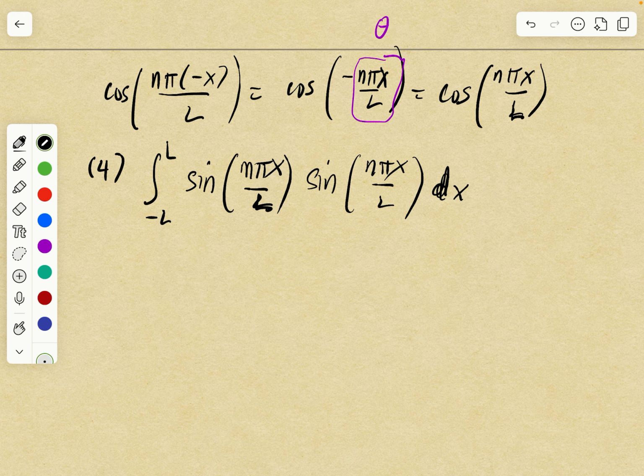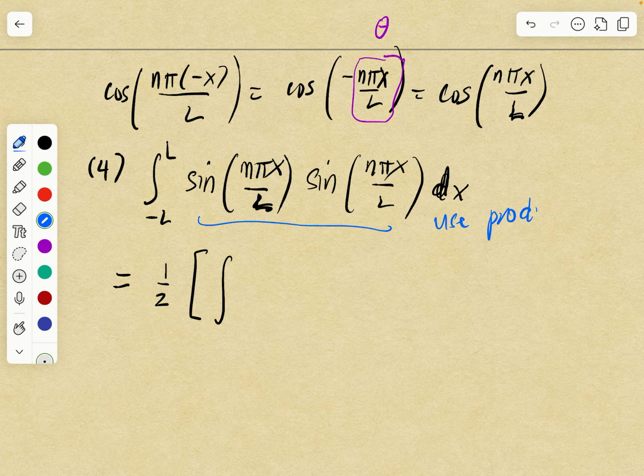Well, in the previous video, we went over the product to sum formula. There's a formula for the product of two sines, sine ax times sine bx, and I'm just going to use it here. You replace this product of sines using the product to sum formula, then you get a sum, and you can split up the integral.